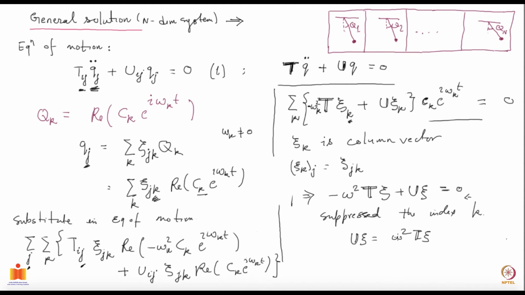But this is what is called a generalized eigenvalue problem: instead of having your right hand side proportional to xi, you have a constant and again a matrix times the xi. This is called a generalized eigenvalue problem.